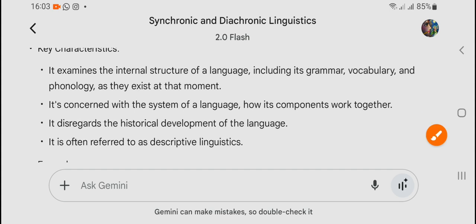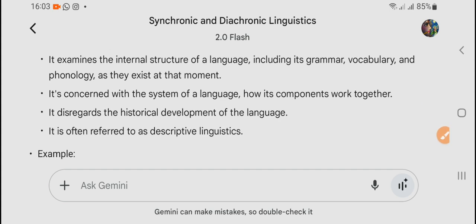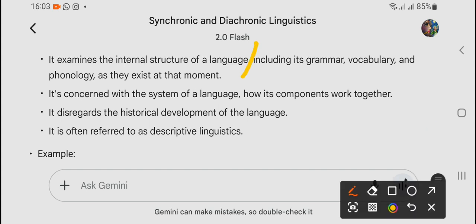Now the key characteristics. It examines the internal structure of language. What do we do when we do synchronic linguistics, the synchronic study of language? It examines the internal structure of language, including grammar.